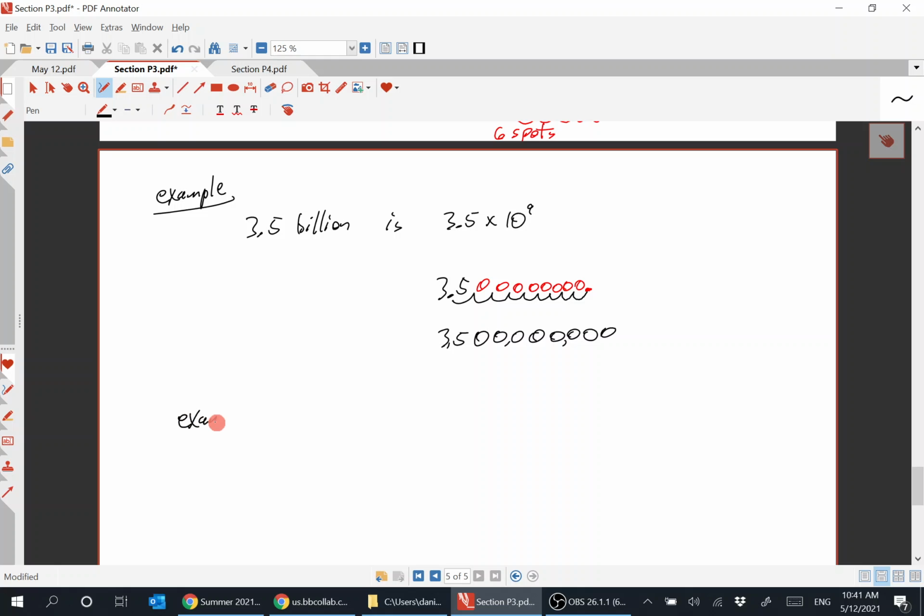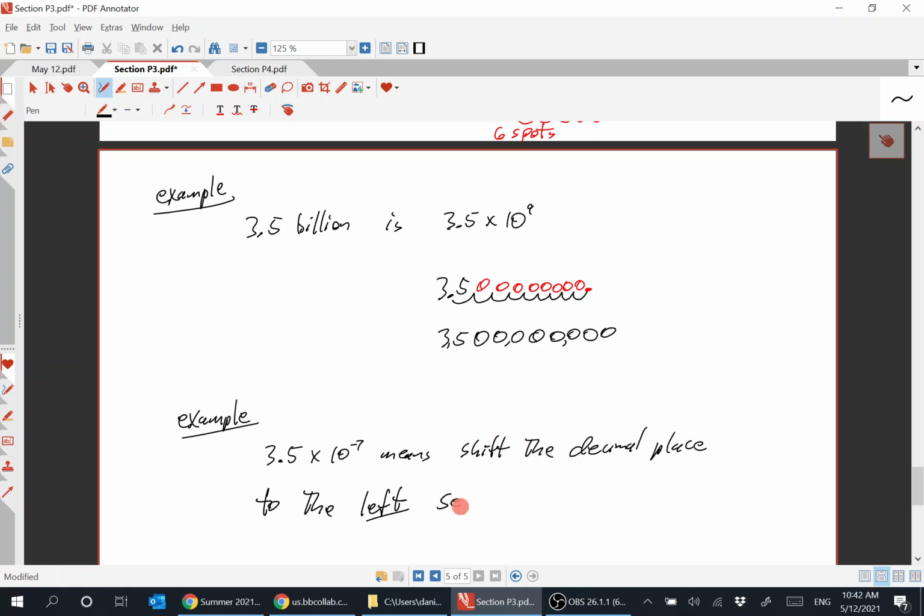And then you can also go the other way. 3.5 times 10 to the minus 7 means shift the decimal place to the left 7 spots.